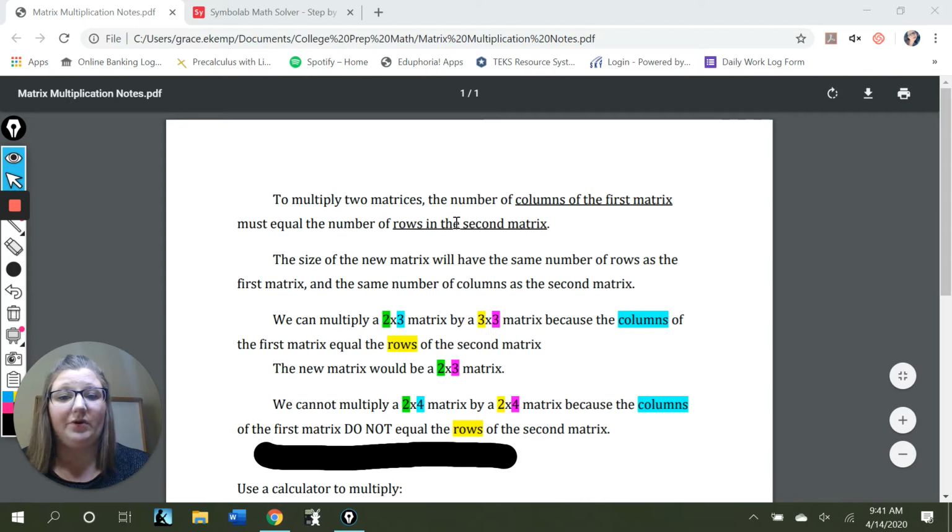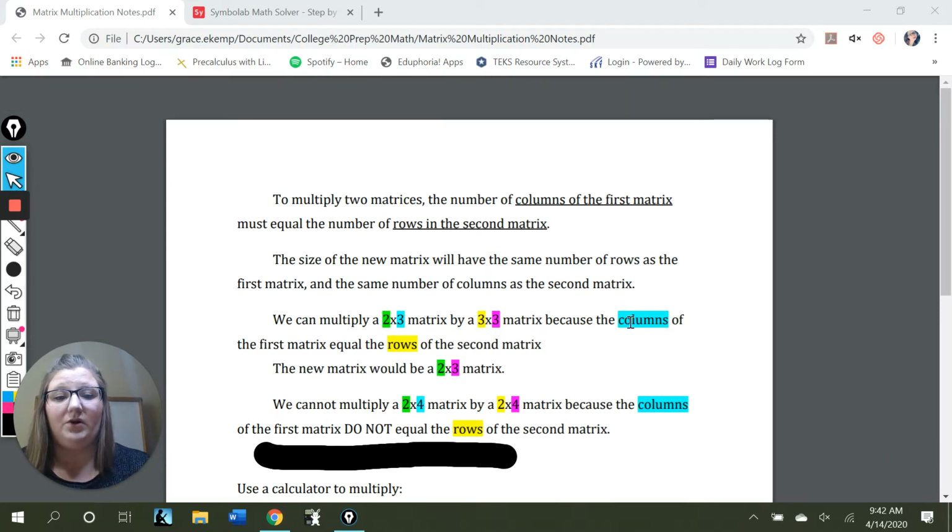Next, we look at the rows in the second matrix, and the rows are the first number for this second matrix. So it has 3 rows. So we've got 3 columns in the first matrix and 3 rows in the second matrix. Since those numbers are equal, we can multiply them together.